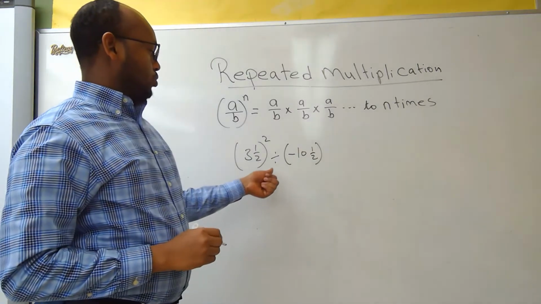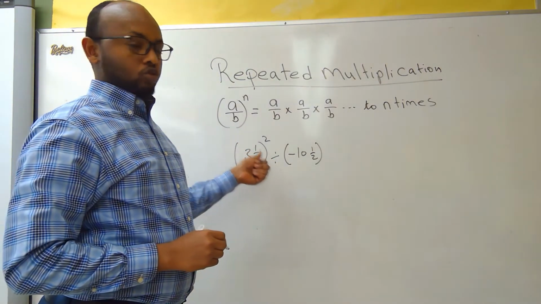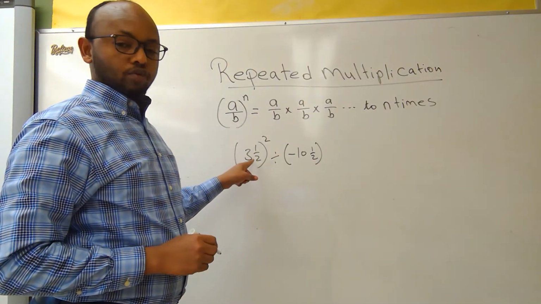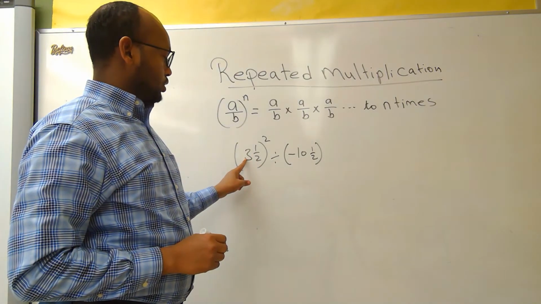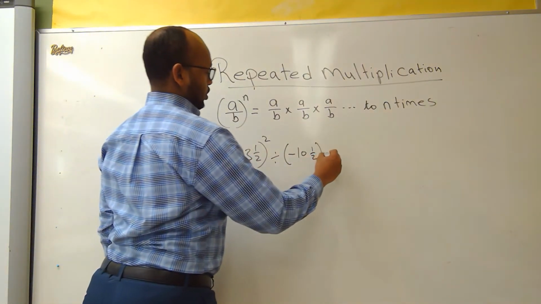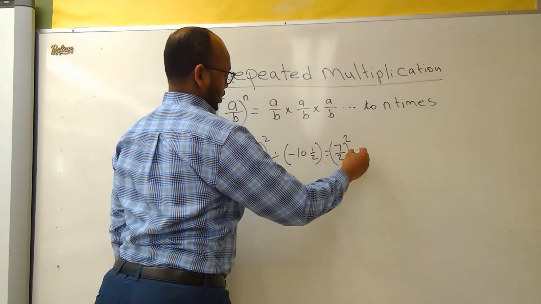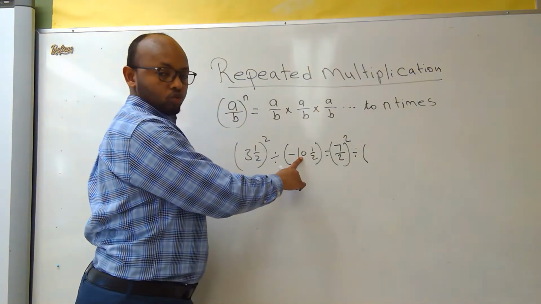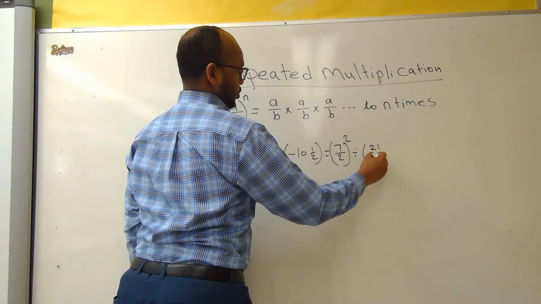So I am using power and I'm using division. The first thing I have to do is convert the decimals to fractions. 2 times 3 is 6, 6 plus 1, that's equal to 7 over 2 power 2, divided by, then this part, 10 times 2 is 20, 20 plus 1 is 21 over 2.